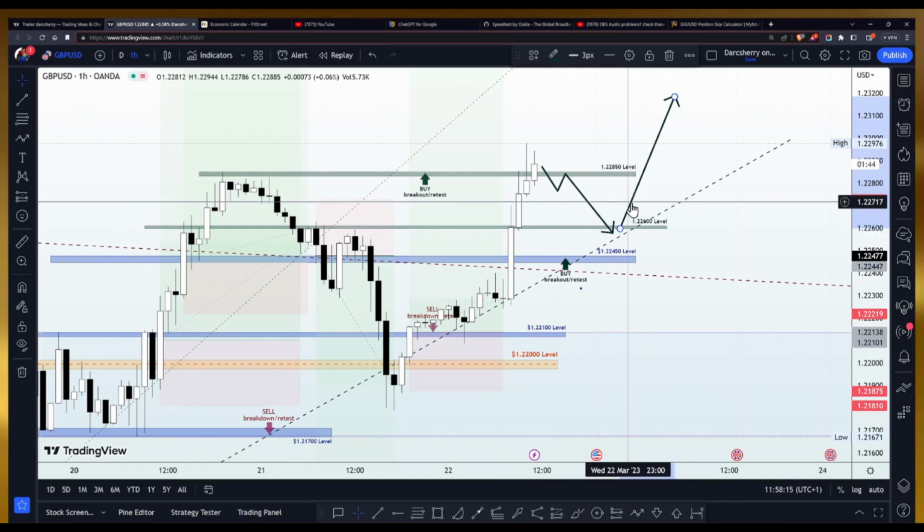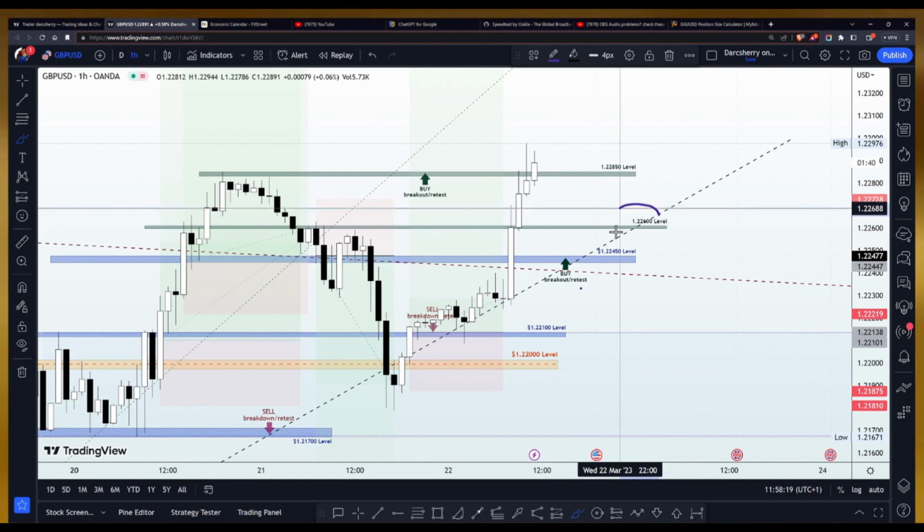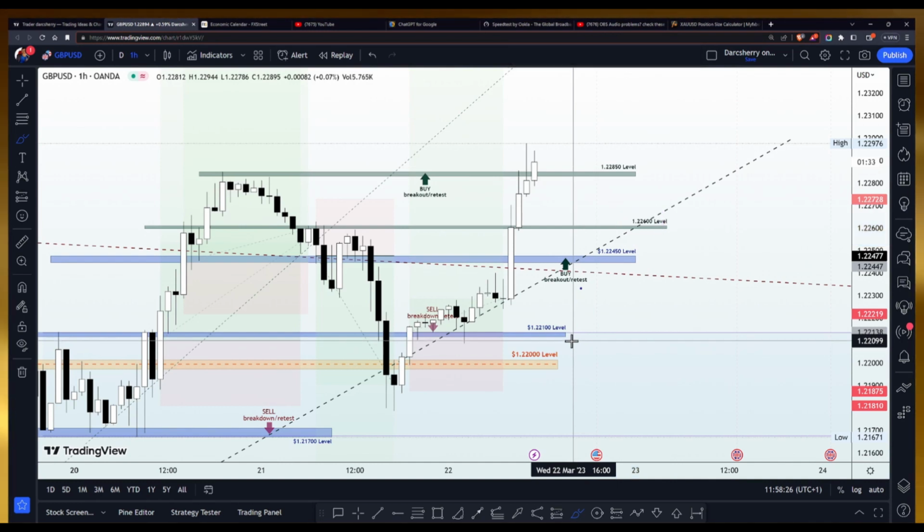So the 1.22600 level also has a potential for buying power in this market, so we shall be taking that into consideration too, as we monitor the current market structure.